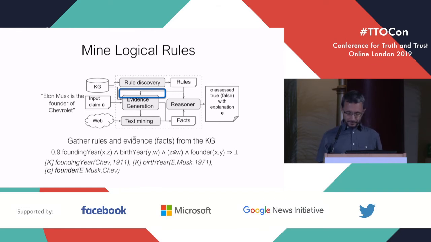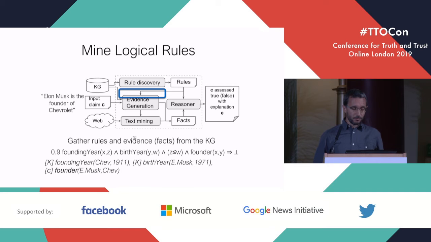So sorry, there is a little confusion here. So basically, here I'm discussing the rule discovery module at the top left, inside the architecture. So this module is in charge of discovering the rules from the knowledge base and, as the evidence, the pieces of the knowledge base that are useful to assess the claim.